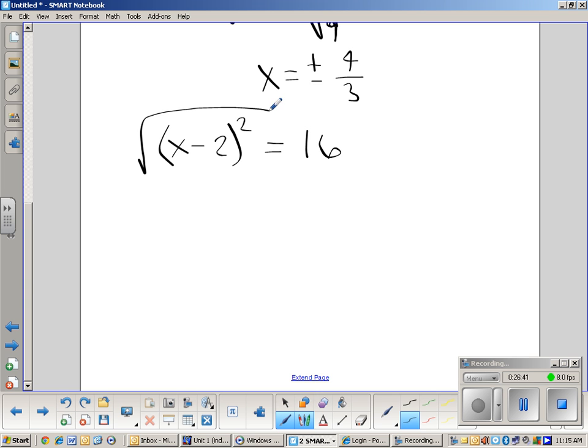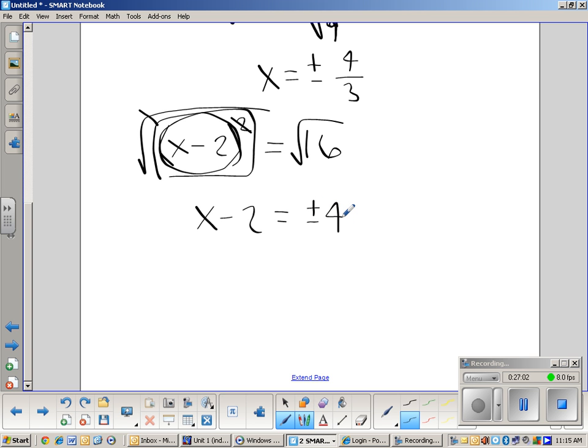But all of this side is being squared. So we square root both sides. And so all of this, when I square root all of this, my square root and my square cancel, I'm left with x minus 2 equal to positive or negative 4. Okay?